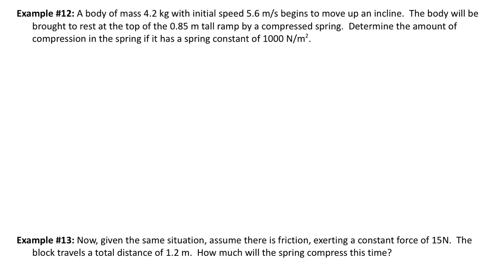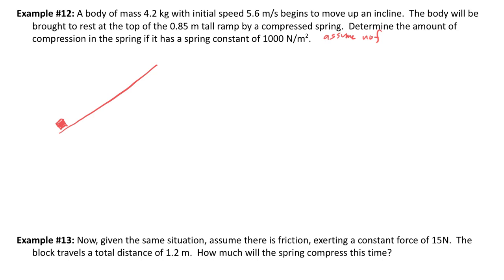All right, so let's draw a picture first. Okay, so we've got our ramp. We've got our 4.2 kilogram body that's moving up. We are going to assume no friction because we don't have enough information to be able to deal with it, unless there's something that asks us how much friction there was.